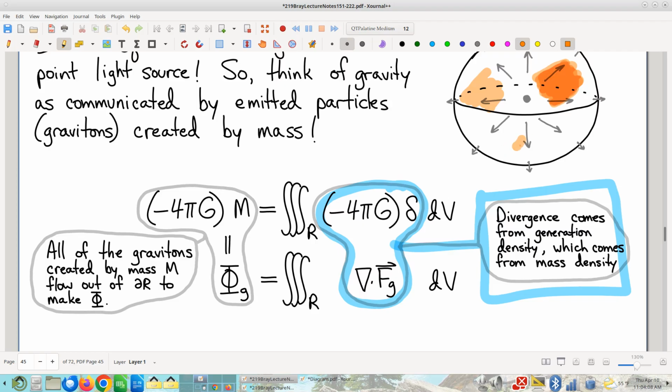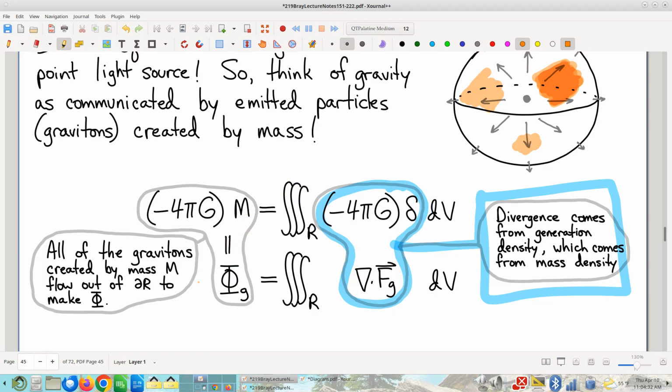And maybe just a little bit of mass over there. The argument still works. Mass is an integral of density. How many of the gravitons created flow out through the surface and make flux? Well, all of them. Doesn't matter where they are. Doesn't matter how that mass is distributed. Right? So this works no matter what.